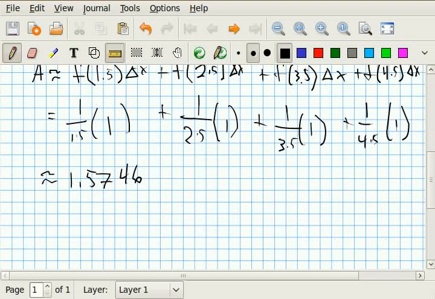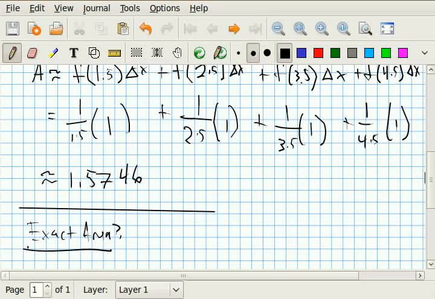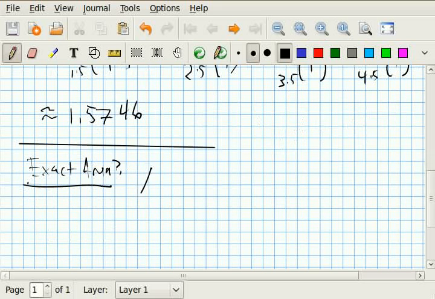Now, it's always nice when you can to check your answer. We could ask ourselves, what's the exact area? That's the next question they ask in the book, the exact area. Well, we know that the exact area can be found using a definite integral. We can integrate from 1 to 5 the function 1 over x. This one is a piece of cake to integrate because we have a formula for this.